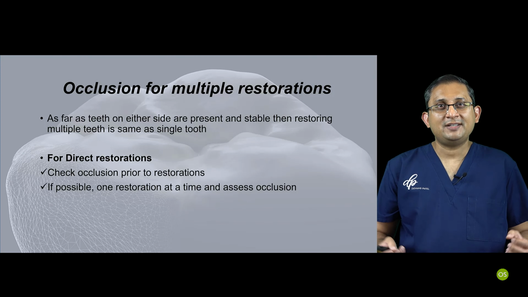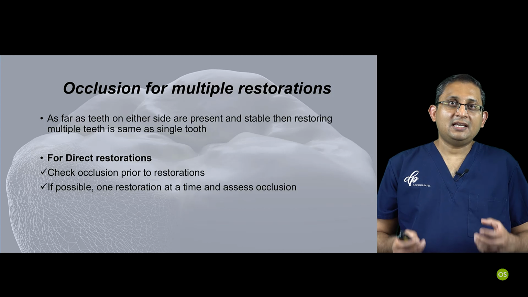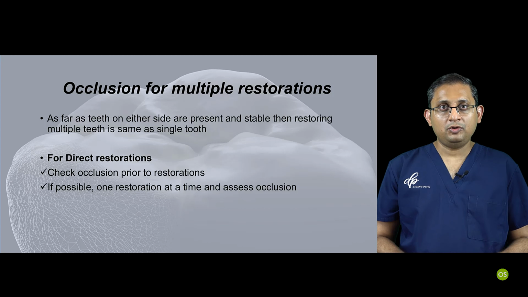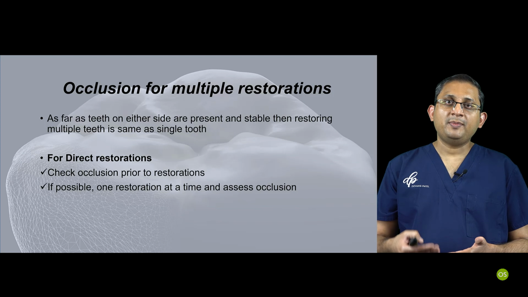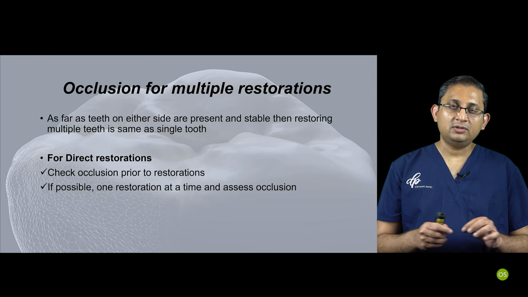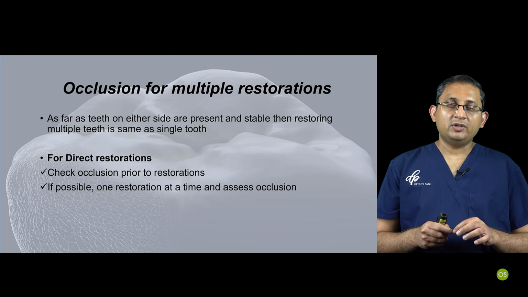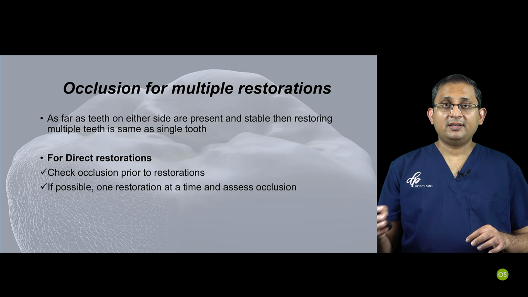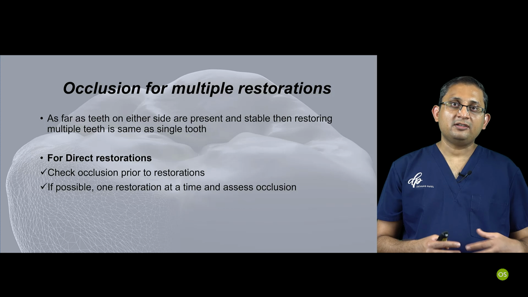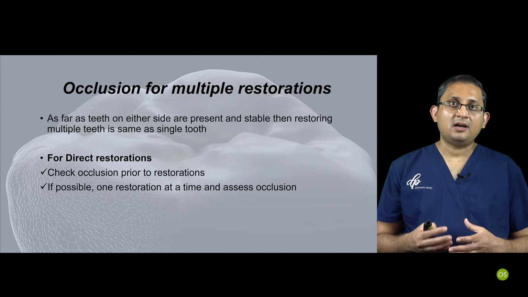However, if you're doing quadrant dentistry, you don't want to take the rubber dam on and off. You can do all the restorations together, but make sure you check, and it may take a little bit longer for you to assess the occlusion because you want all the teeth in contact. You want teeth which are guiding in guidance with teeth which are not guiding without guidance, but the principles are the same.